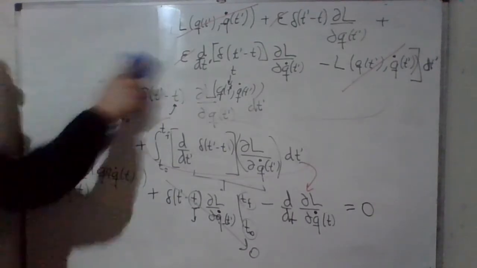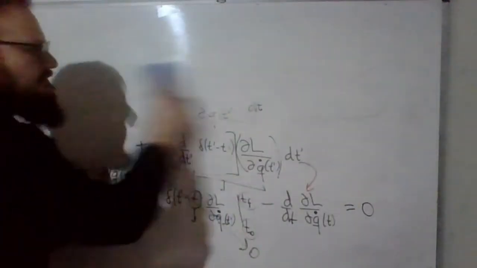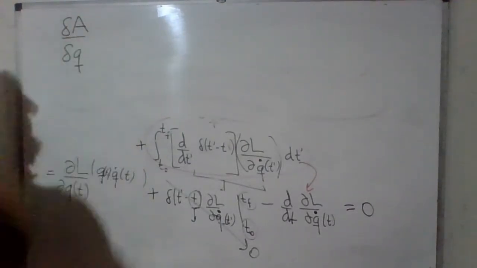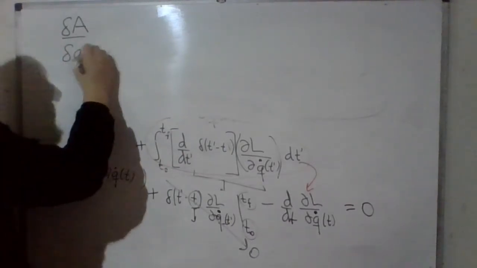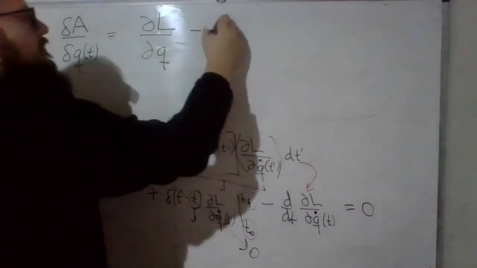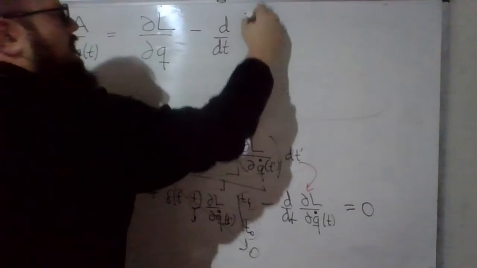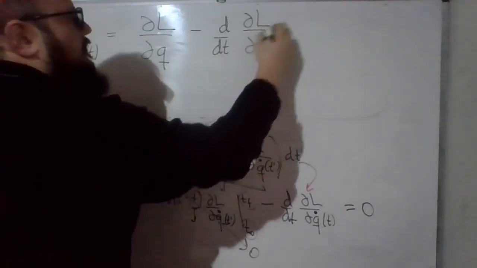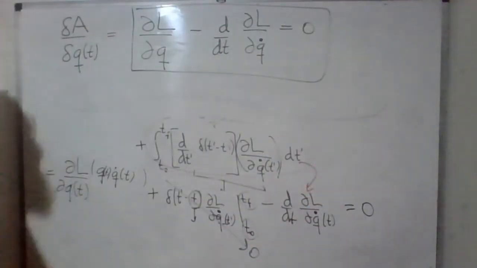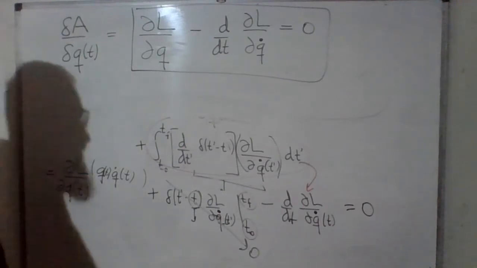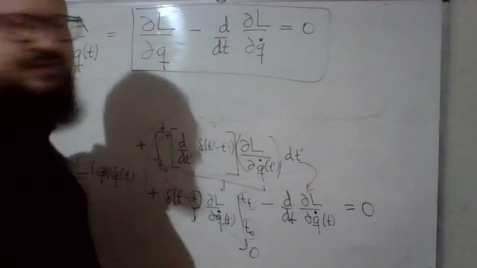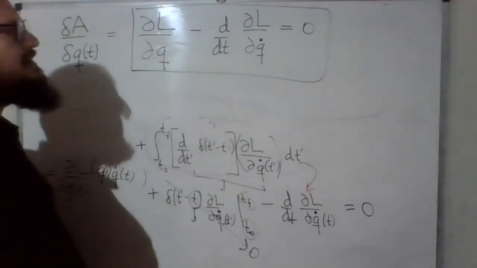So the variation of the action produces an equation which is the so-called Euler-Lagrange equation, or equations, because in general you have a set of equations because you have a set of parameters here.